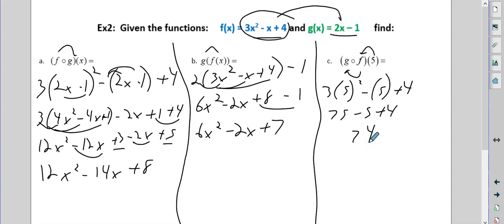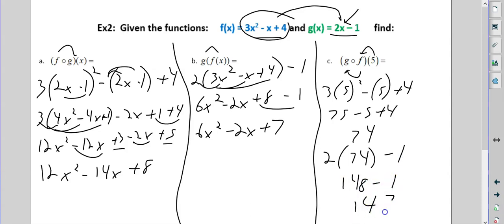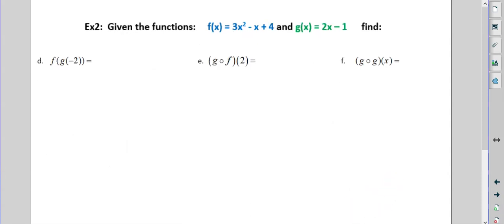Now that number is going to be plugged in right here. 2 times 74 minus 1. So 2 times 4 is 8, 2 times 7 is 14, so that gives us 147.